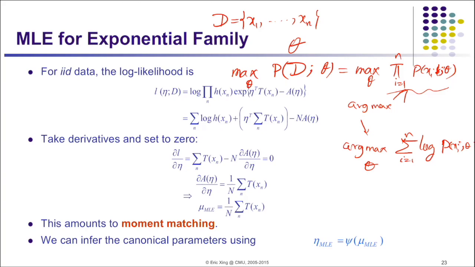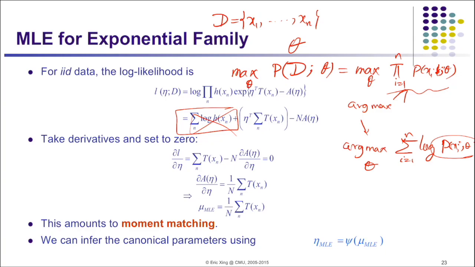It's just easier to optimize. The cool thing is that when you take the log of this function, because of the exponential family, it opens up and makes a form like this. You get a term that is independent of theta, so when you are maximizing with respect to theta, you can get rid of it because it doesn't matter.